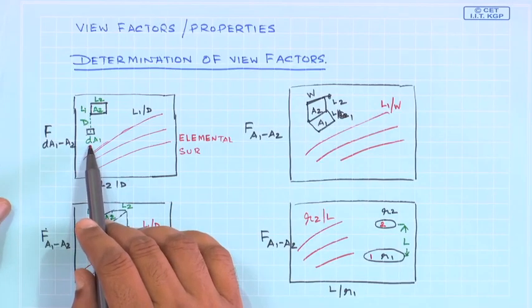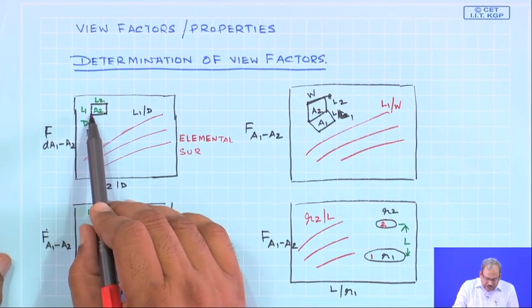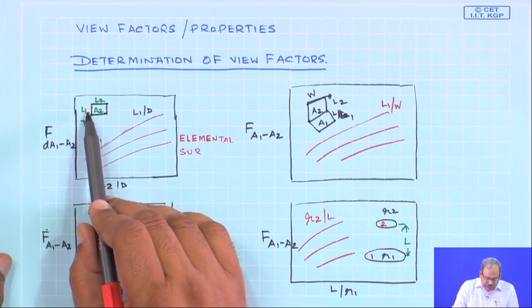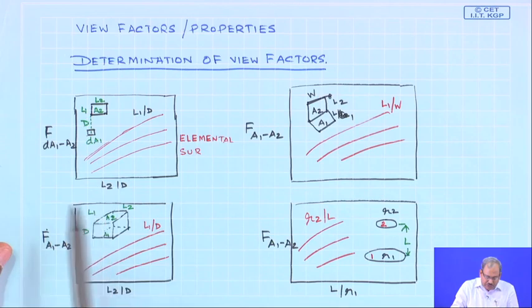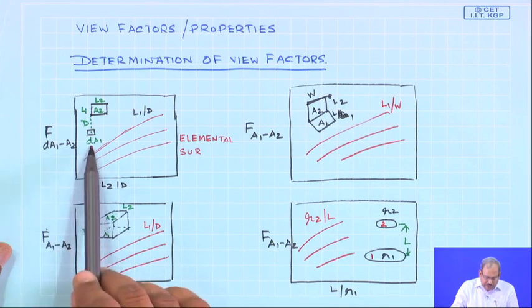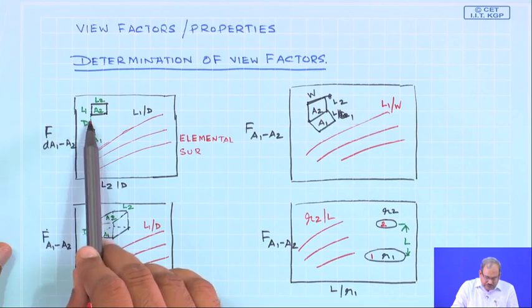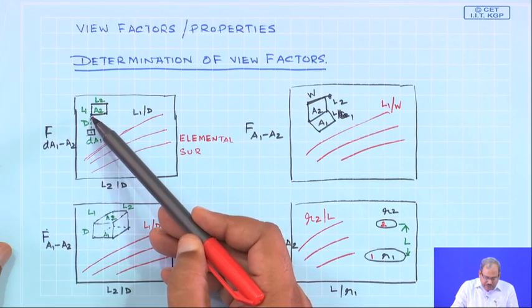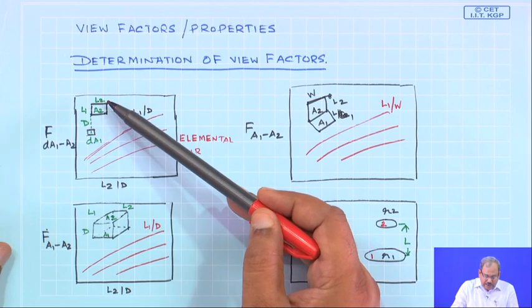The first one that you would see over here is the view factor of an elemental area dA1 to a surface A2 with dimensions of L1 and L2, and D is the distance between them. So, dA1 is the elemental surface, and D is the distance between the surface and the corner of the surface A2, which has dimensions of L1 and L2.